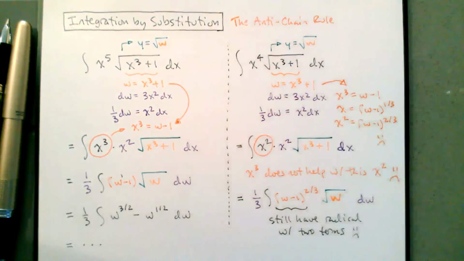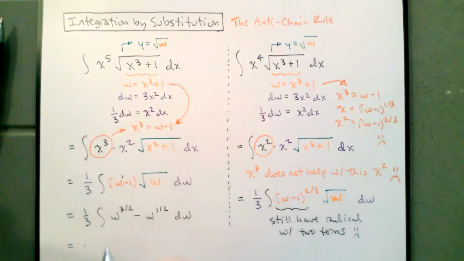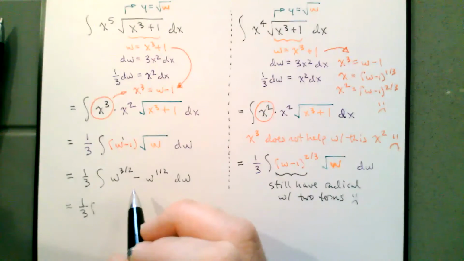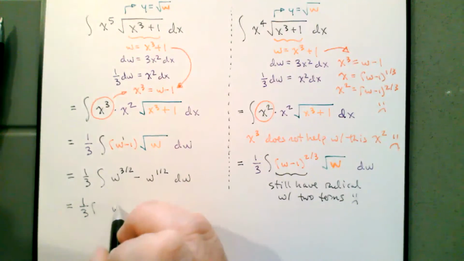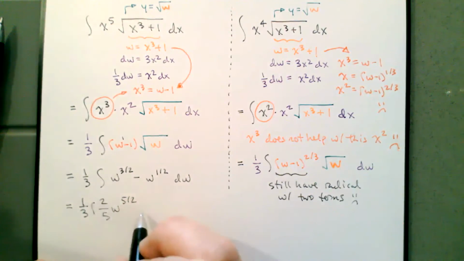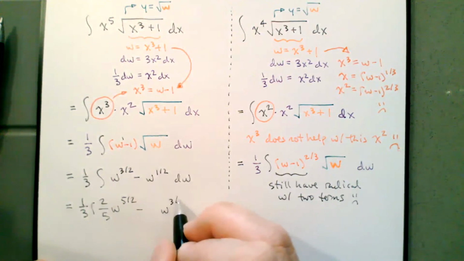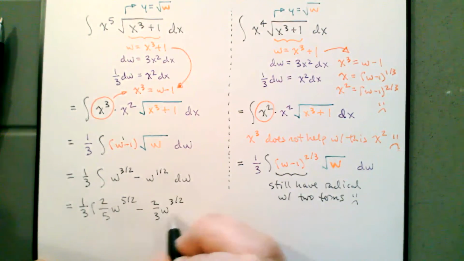So if you happen to finish these, I should finish this problem. I still have this 1/3 on the outside. Integrating w to the 3/2, we add 1 to the exponents and divide by the new exponents. With w to the 1/2, we add 1 to the exponents and divide by the new exponents.